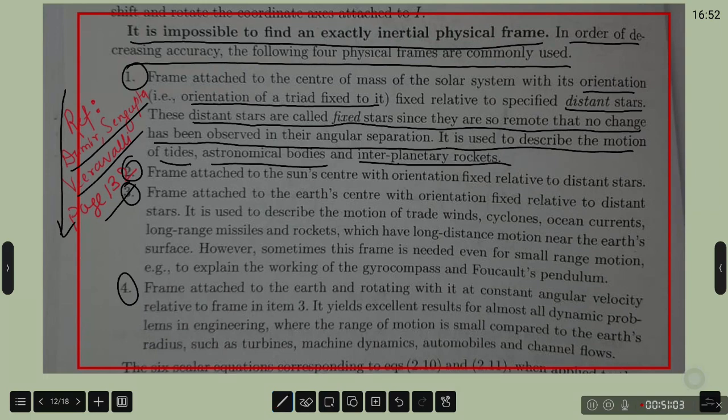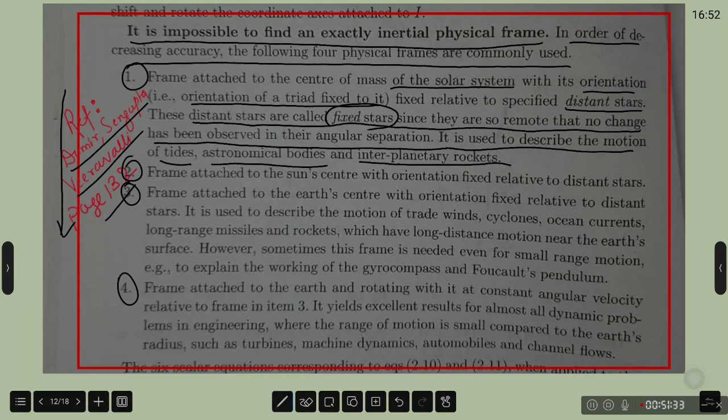That reference frame is attached to the center of mass of the solar system, and there are three stars which we have chosen, and the three triad vectors big E1, big E2 and big E3 are pointing towards those three specific stars. And we treat those stars as fixed stars because they are very far and we have not observed any change in their location.